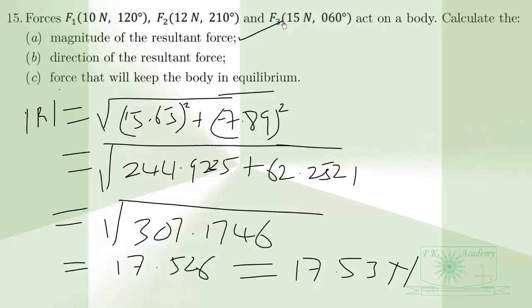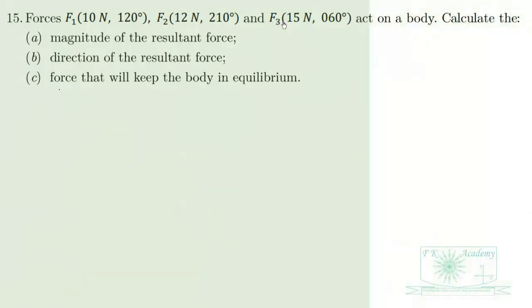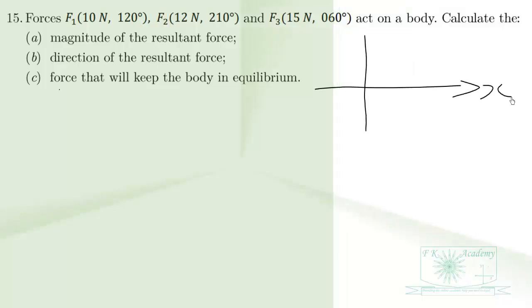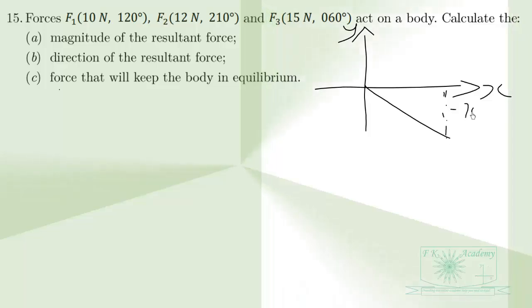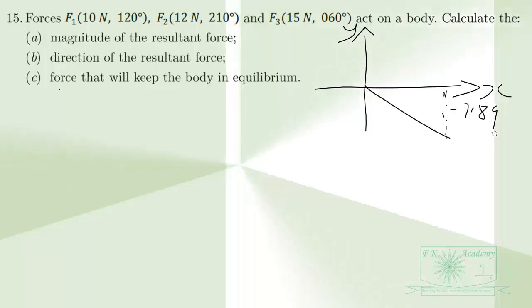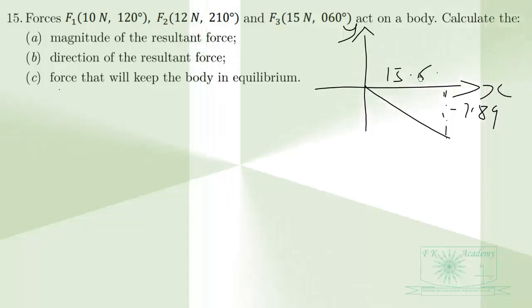Then we want to find the direction of the resultant force. To do that, we can quickly sketch the resultant vector R on the x-axis and y-axis. It will be somewhere around here because this is negative 7.89, and over here we have 15.65.